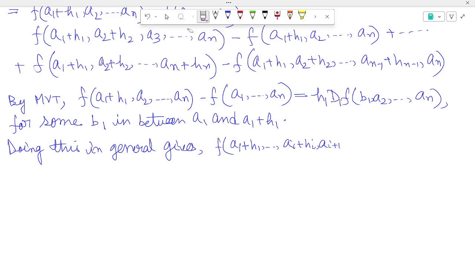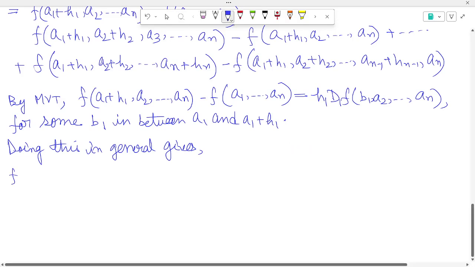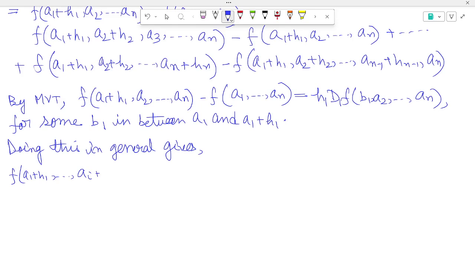So let me write in the next line. If a1 plus h1, a_i plus h_i, a_i, an, plus a1 plus h1, a_{i-1}, plus h_{i-1}, a_i.